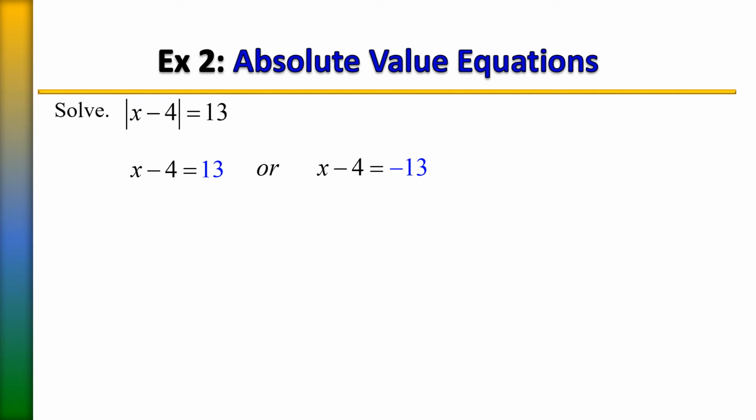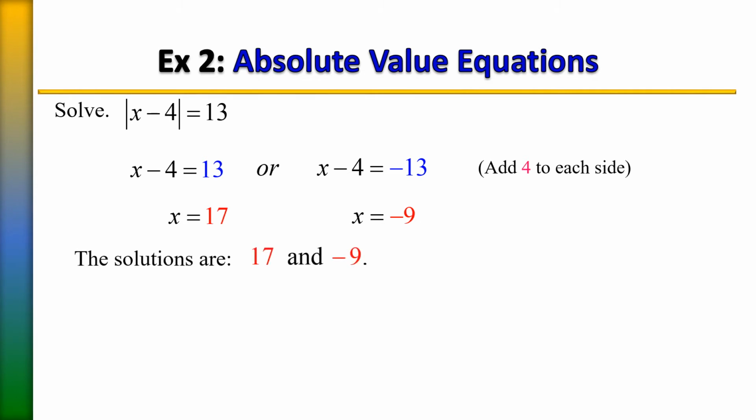Adding 4 to the first equation leaves us with x equals 17. Adding 4 to both sides of the second one gives us x equals -9. Now we're not going to check each one of them, but those are your two solutions, 17 and -9.